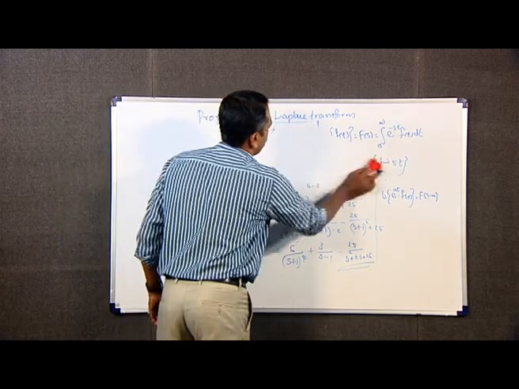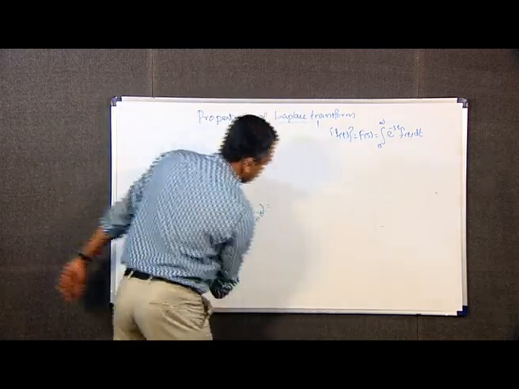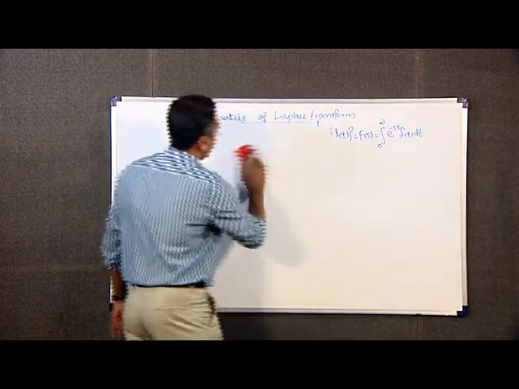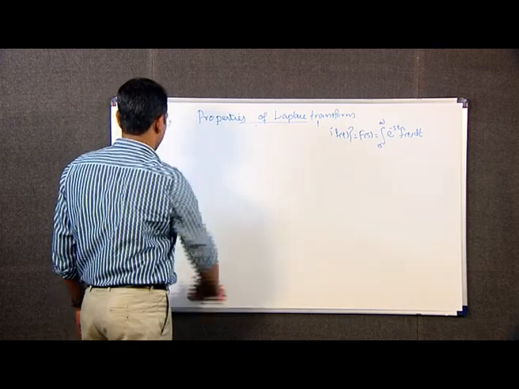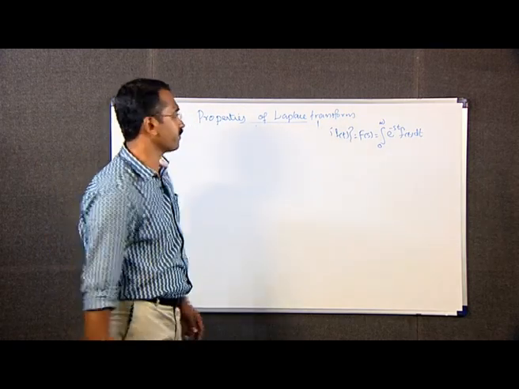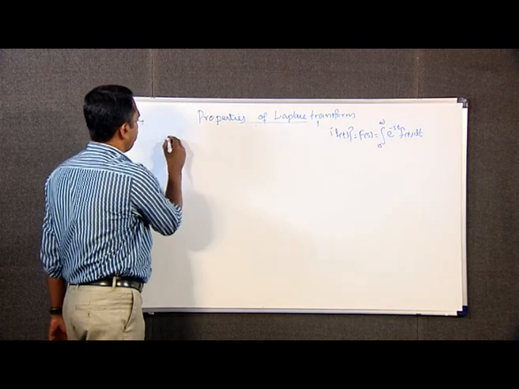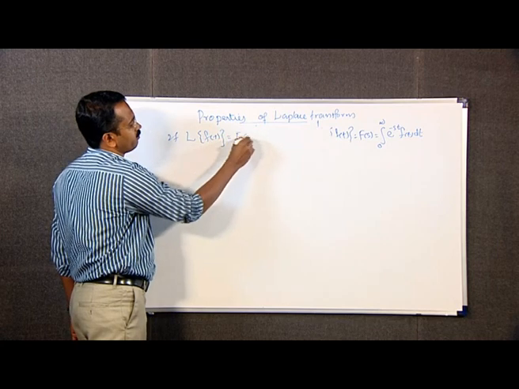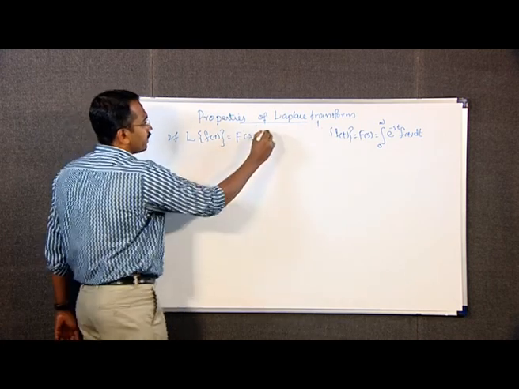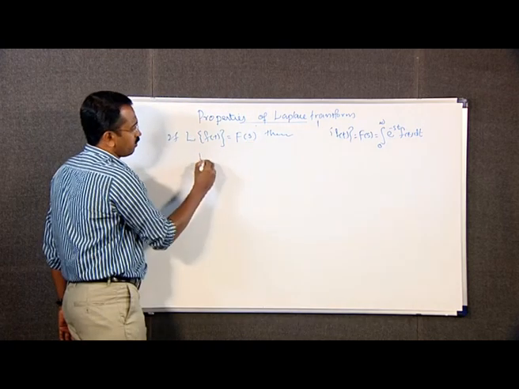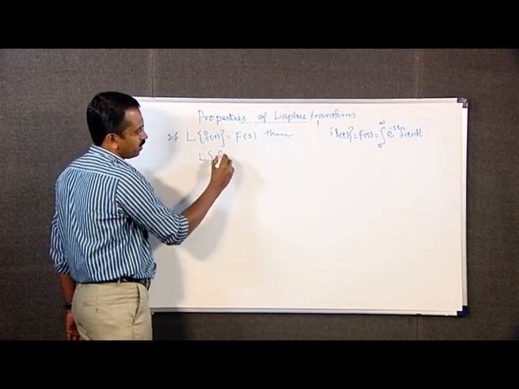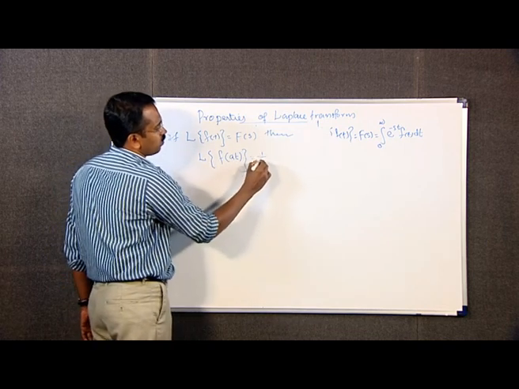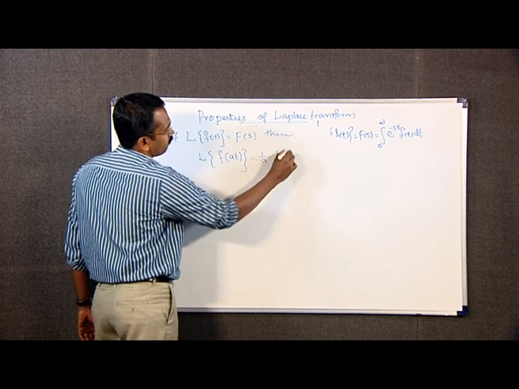Now, another property is the change of time scale property. That is, if Laplace transform of a function f of t is capital F of s, then the Laplace transform of the function f of a t is equal to 1 by a into F of s by a.